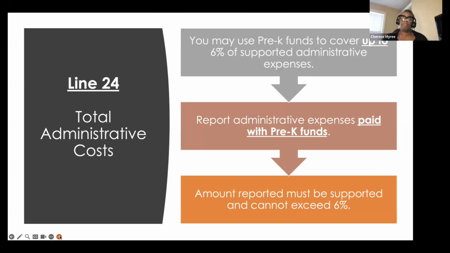However, if you have spent more than that, you will have to return those funds to Bright from the start. So make sure you are tracking the use of the funding and be sure not to use more than 6% of your pre-K budget on administrative expenses.